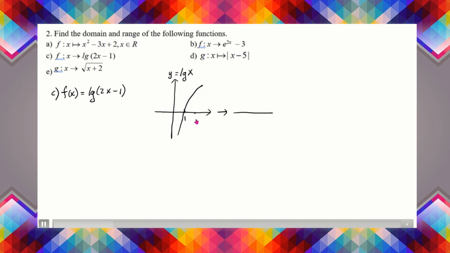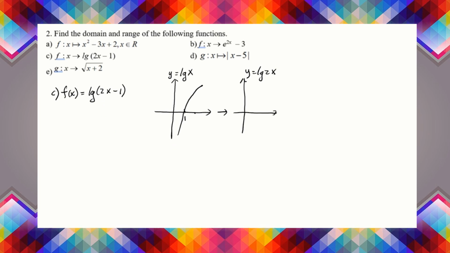Then from the parent graph, we start doing the enlargement. For 1 over 2, the scale factor is 1 over 2. So when the scale factor is 1 over 2, the image of the curve after the enlargement will get nearer to the center, which is the y-axis.